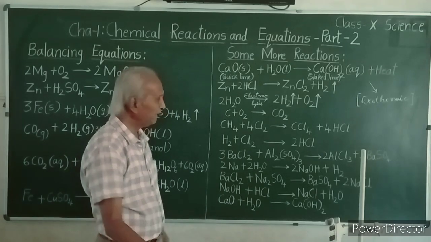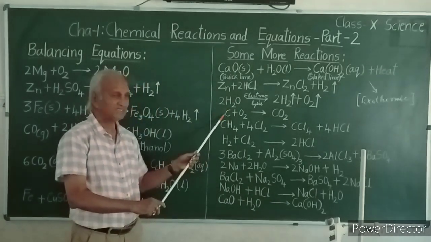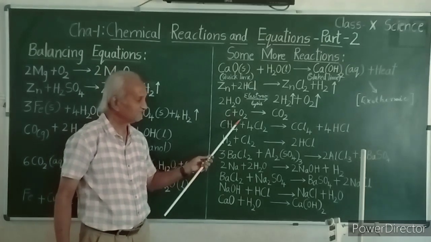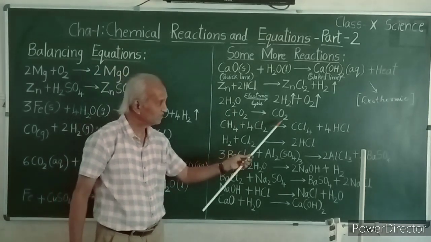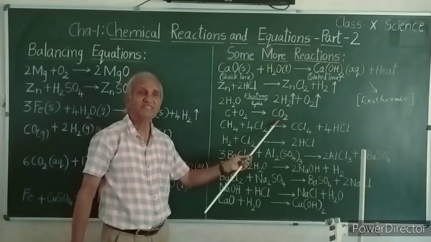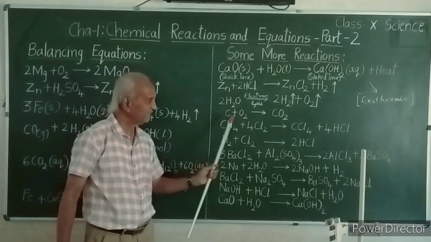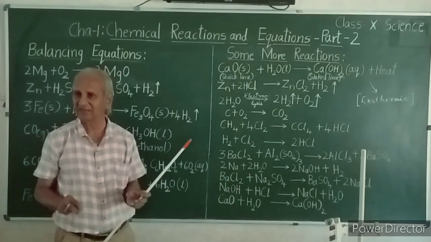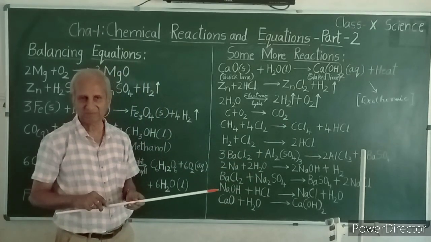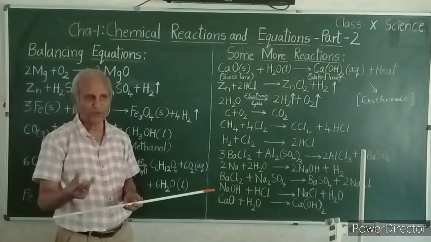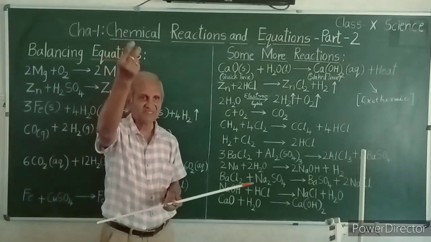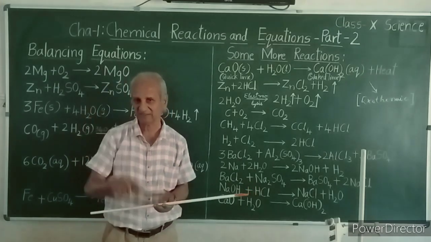Next one is C plus O2. C is carbon. Carbon plus O2 gives CO2, carbon dioxide. Again 1C, 1C, 2O, 2O. It is a balanced equation, a very simple equation. If you burn carbon, the gas that evolves is carbon dioxide.